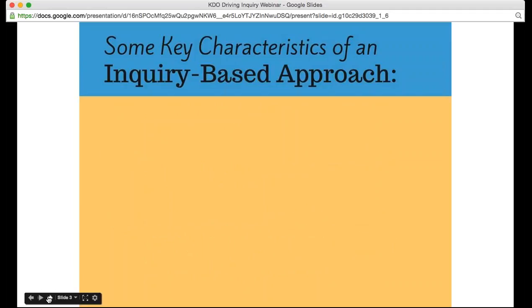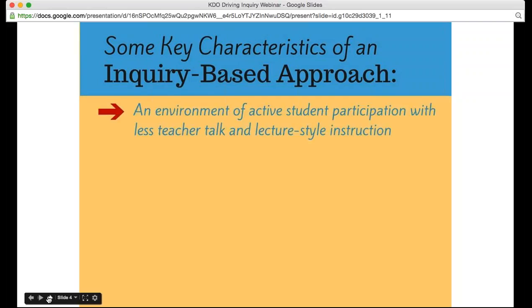So first, let's think about some of the key characteristics of an inquiry-based approach. Here is one that I think is really important to consider, and that is the environment where students are engaging. In an inquiry-based approach, there's less teacher talk and direct lecture-style instruction, and there's more opportunity for students to actively participate in that environment.